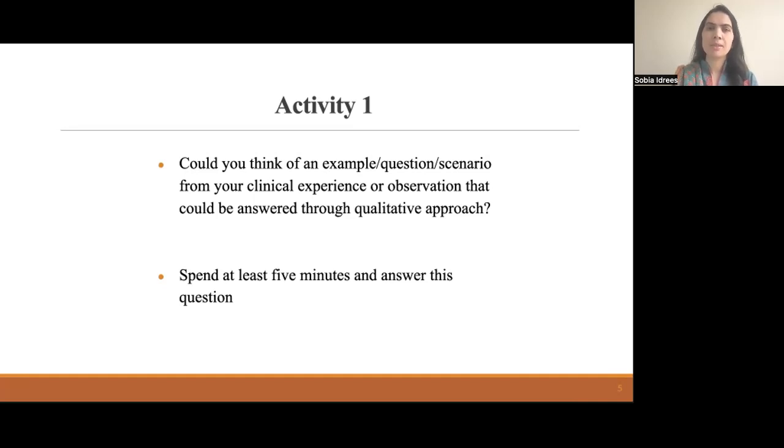Sometimes there is a situation where you wanted to know the answer, and you think it could be answered by using qualitative research. So spend at least 5 to 10 minutes and think of a research question and a scenario that can be answered using a qualitative approach. Like I have given you a few examples, you can think of similar examples in your practice area.